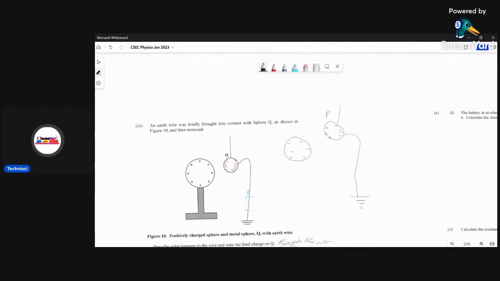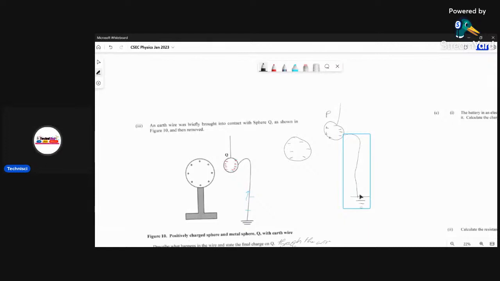What happens when you bring the wire? Will electrons go to P or leave P? Very good.